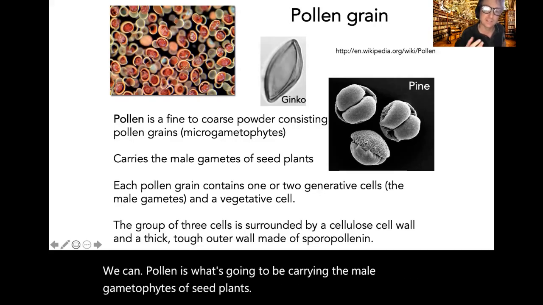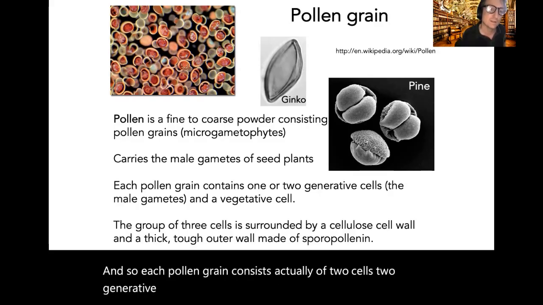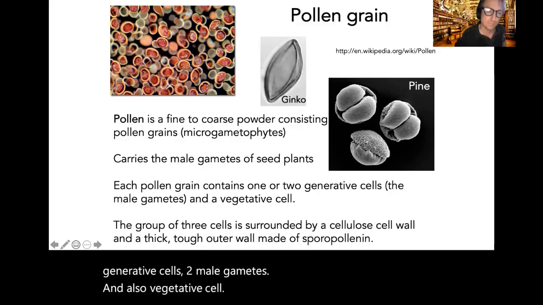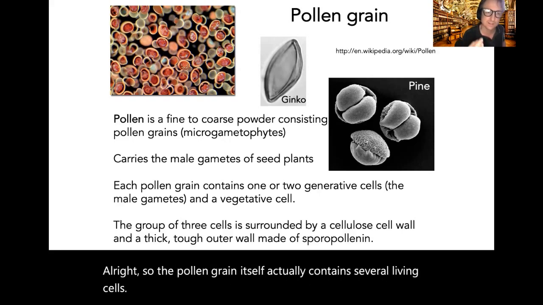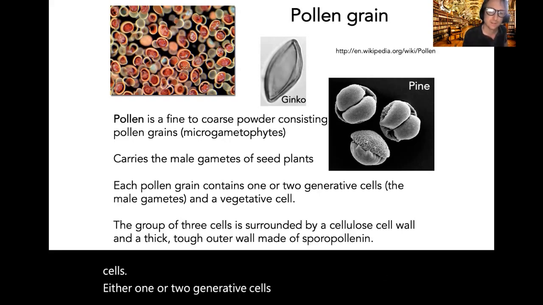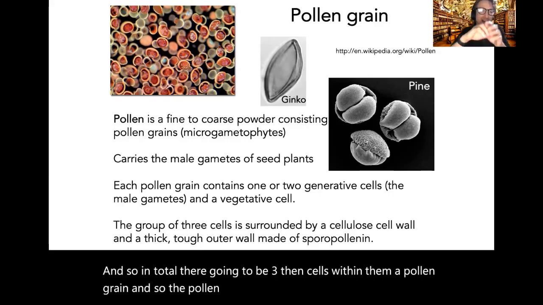Each pollen grain consists of two generative cells, two male gametes, and also a vegetative cell, all right? So the pollen grain itself contains several living cells, either one or two generative cells and one vegetative cell. In total, there are going to be three cells within a pollen grain. And the pollen grain itself is housing these three living cells.